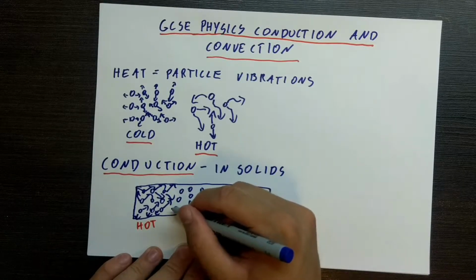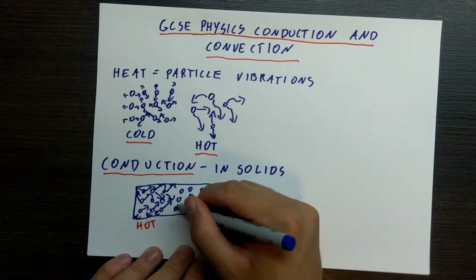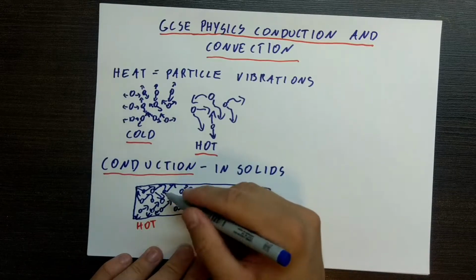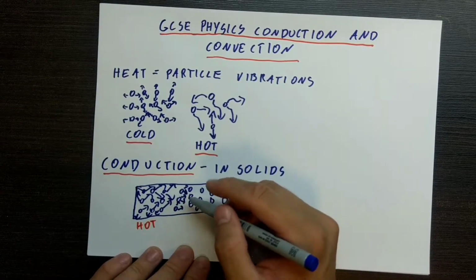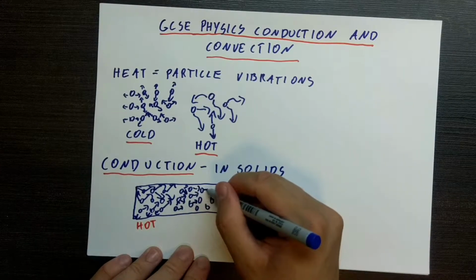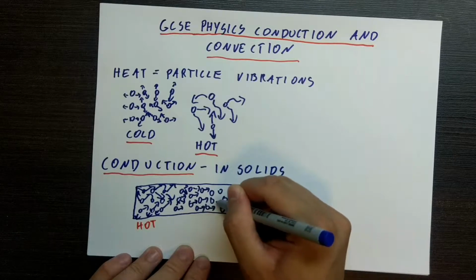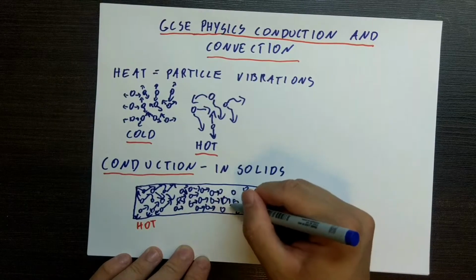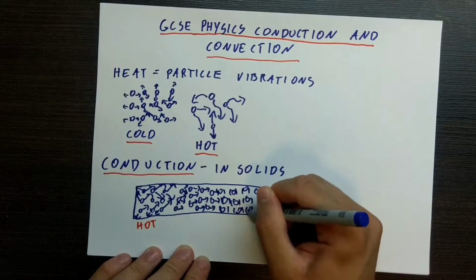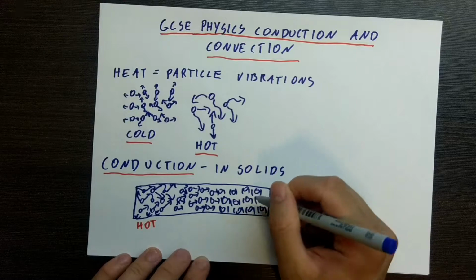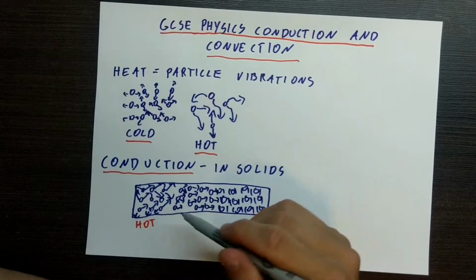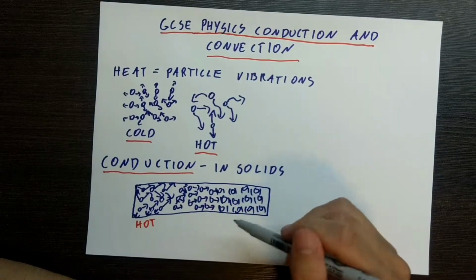Because they collide, these particles start moving around too, maybe not as much, but they start moving. And they collide with the next particles, and so on, and all these particles start vibrating. These collisions essentially transfer the energy from one particle to another. So these collisions between particles are actually what heats up this object.